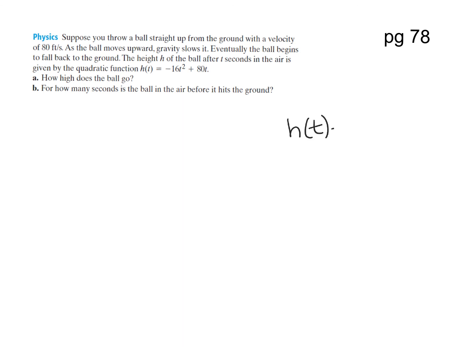So this is great practice for all those notes that we just did. Negative 16, I'm going to go ahead and factor that out and put t squared minus 5t, I do believe. I'm going to find that constant. C is going to be negative 5 divided by 2, square that, 25/4.